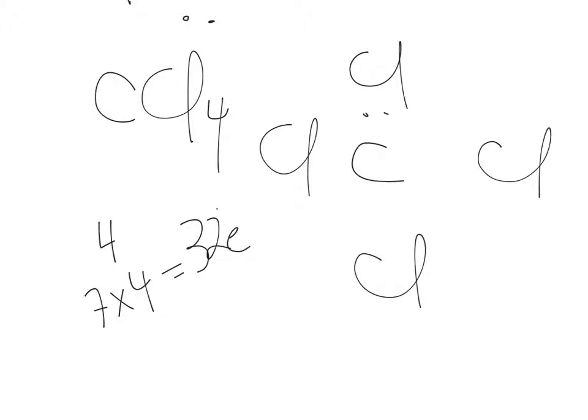So we do 1, 2, 3, 4, 5, 6, 7, 8, 10, 12, 14, 16, 18, 20, 22, 24, 26, 28, 30, 32. And then we share this pair of electrons between chlorine and carbon to make single lines. And this will be the Lewis structure, or the dot structure, for CCl4.